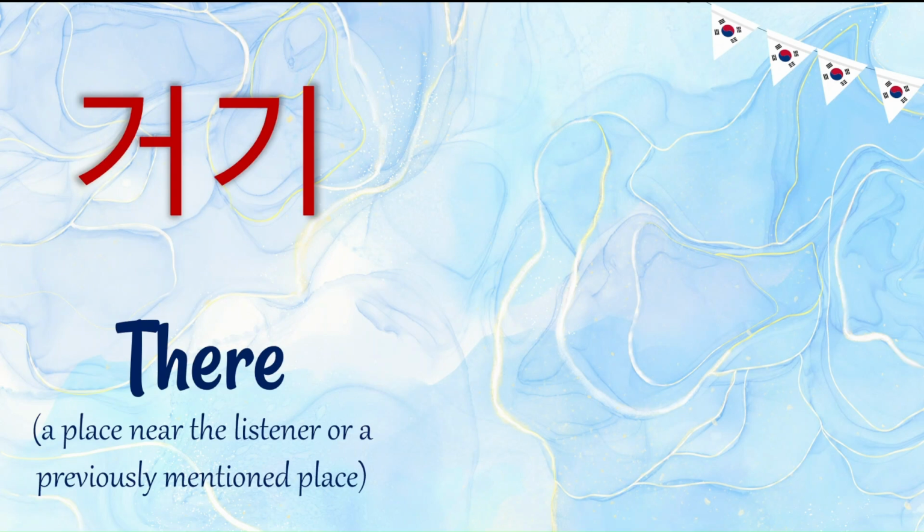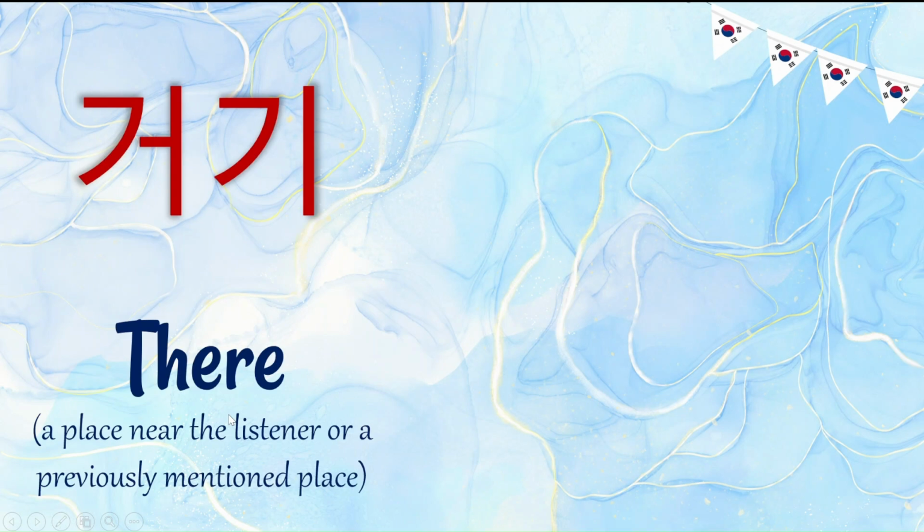Or you're having a conversation about a particular place, and if you want to indicate that place again and again in your conversation, then you use 거기. So this is the use of 거기.